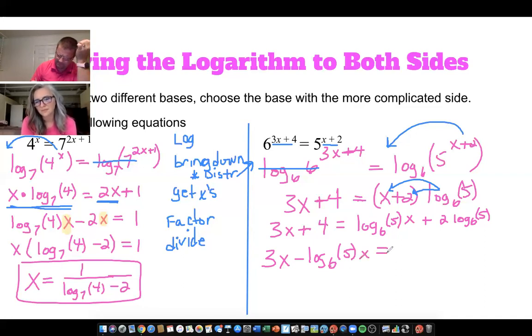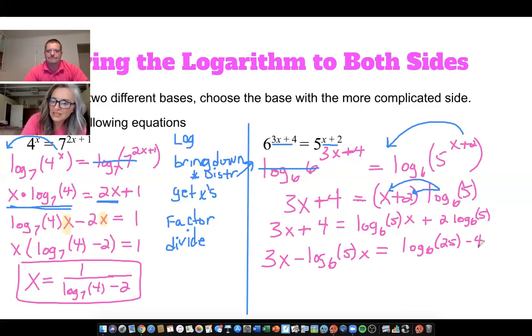What are we doing now? We're putting our x's together. Get our x's together, because that's not a good thing. So what just happened is he took log base 6 of 5 times x to this side. He took 4 to this side, but he also brought this 2 in and called it 25.